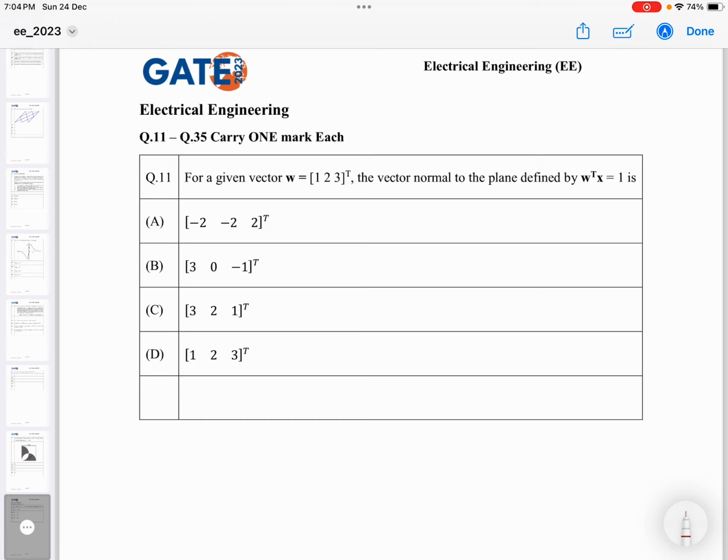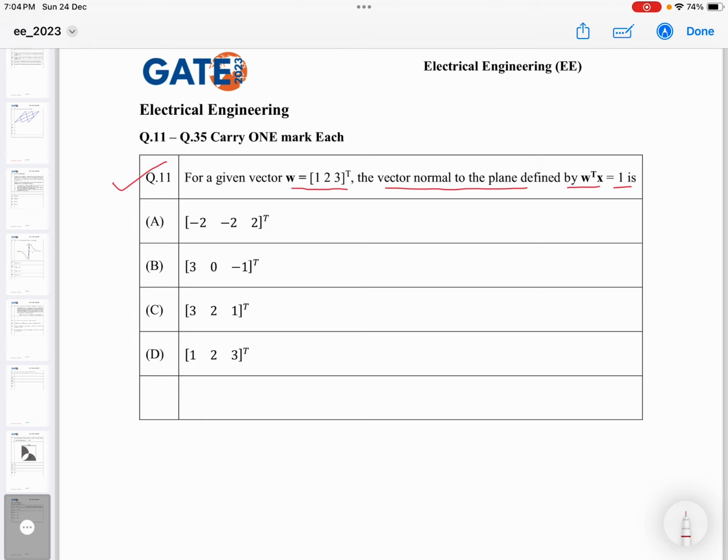So let's look at this question number 11. What it is asking is that for a given vector w, so we have been given this vector w, the vector normal to the plane defined by w transpose x is equal to 1, right?